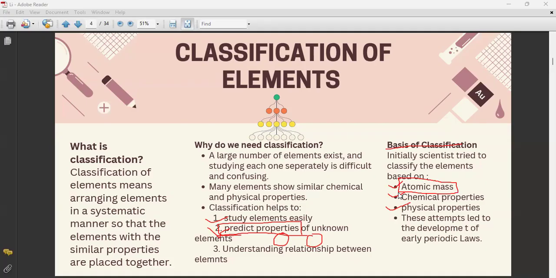Protons are positively charged, electrons are negatively charged particles, and neutrons are neutral, meaning they have no positive or negative charge. Their combined mass tells me the atomic mass of that element. So that was the basis on which classification was done in the earlier periods.